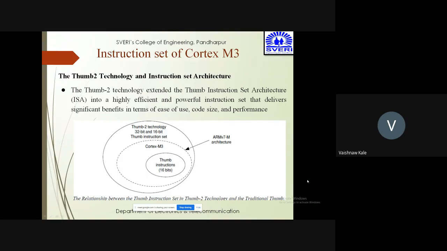One is the traditional Thumb, which is 16-bit, then the Cortex M ARM state, which is 32-bit, and the third one is the Thumb-2 state, which has both 32-bit and 16-bit Thumb instruction sets. So this is the difference between Thumb-2 and Thumb-1. Thumb-1 is 16-bit, whereas Thumb-2 is a combination of 32-bit and 16-bit Thumb instruction sets.